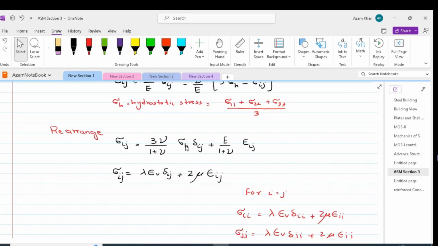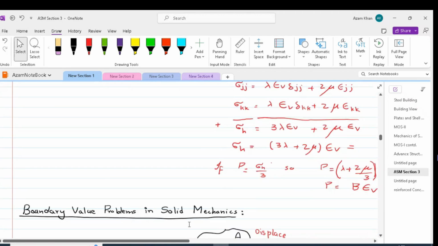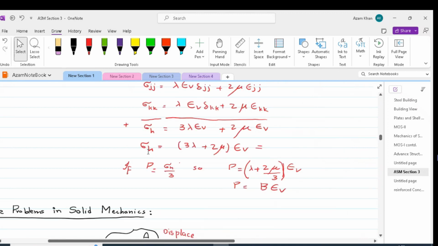In this equation, our hydrostatic stress is equated to lambda times epsilon v. So we determined our hydrostatic stress equal to 3 times lambda plus 2 mu in small bracket times epsilon v, and worked out the so-called bulk modulus B times epsilon v equal to the mean stress.